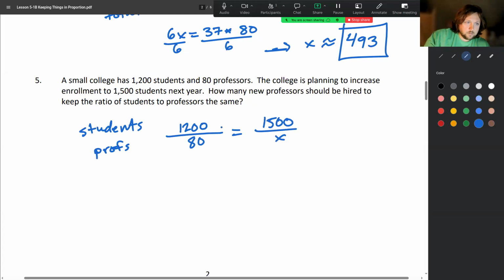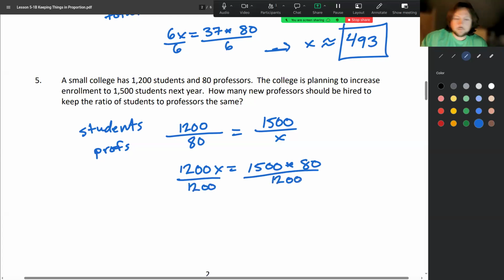Okay, so cross multiply that. So we have 1,200x equals 1,500 times 80. And then we're dividing by 1,200 on each side.